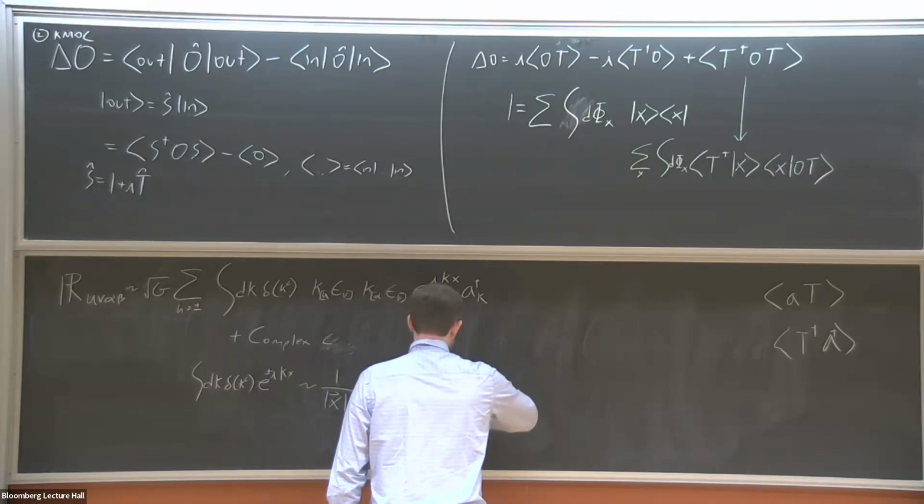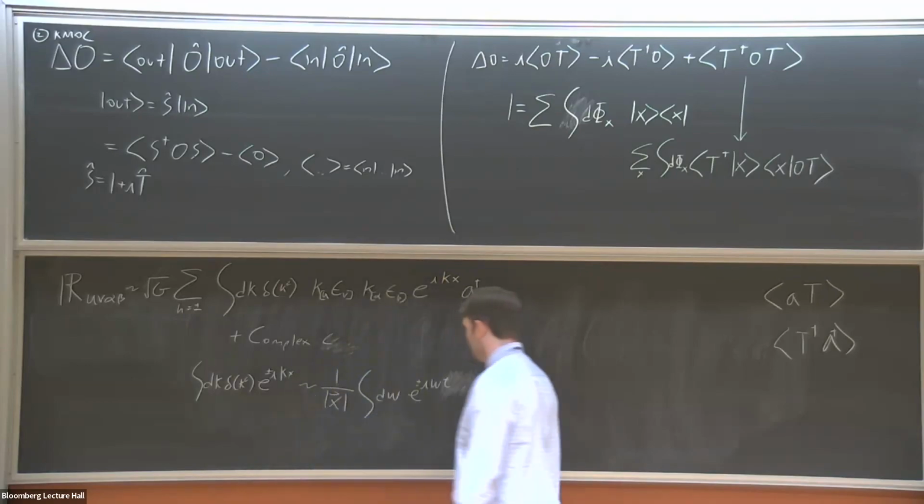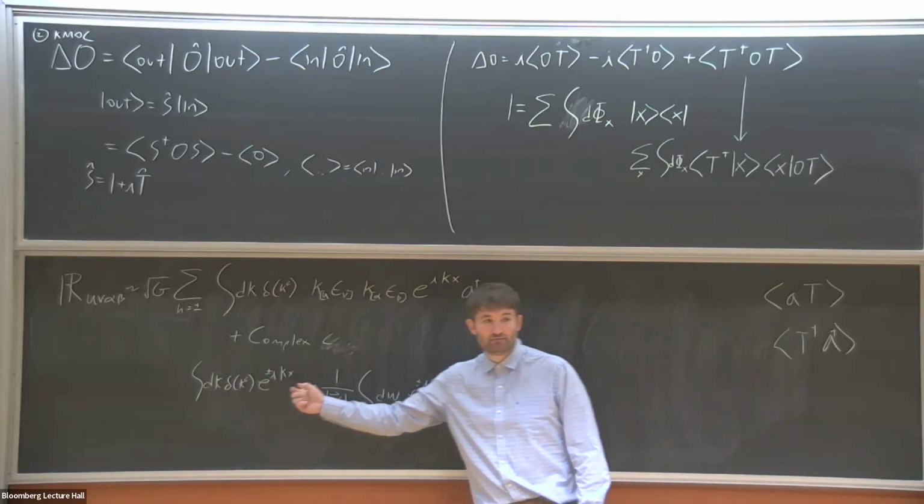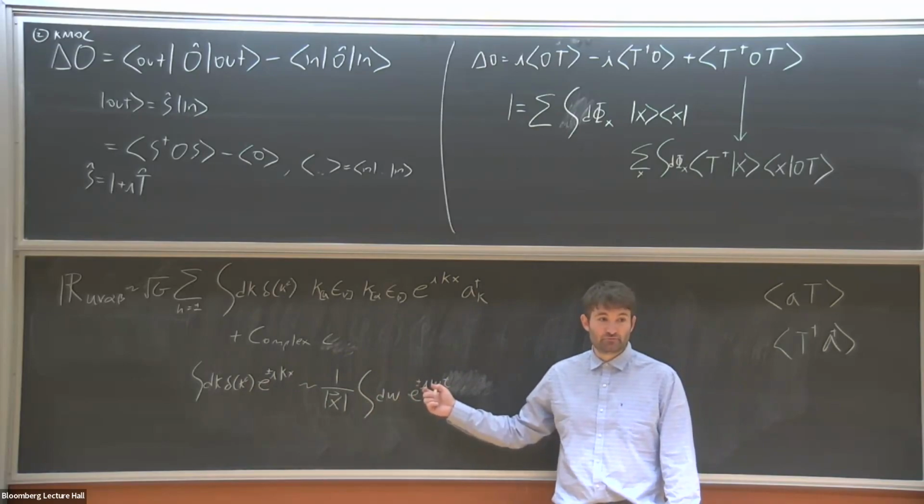I'll just write the t here, defined in the t. You can just make the replacement that if you have this integral here over k, you can replace it with just this 1D integral over omega.